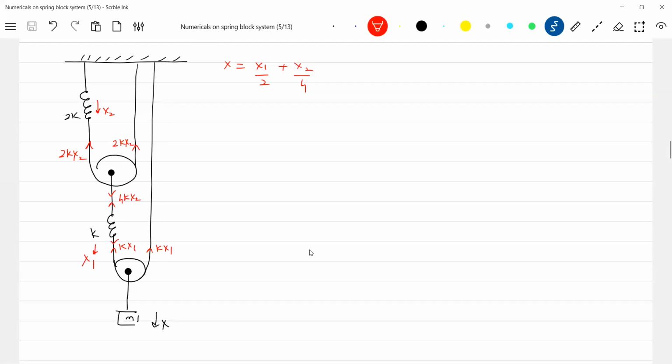Any reason for that? These two forces should be equal, no? So next equation is 4kx2 equal to kx1. Then the energy equation: mv square by 2 plus kx1 square by 2 plus 2kx2 square by 2. Differentiate and solve, you'll get the required answer.